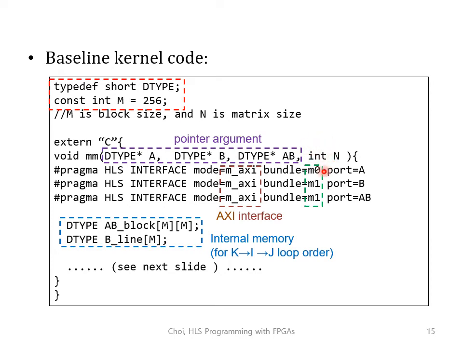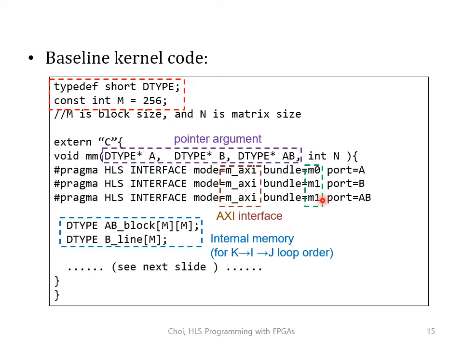We're going to assign the AXI interface to these arguments. And for the bundle, let's assign a different bundle for A and B because they are going to be accessed at the same time. It doesn't matter too much for AB because AB writes happen far fewer times compared to A and B reads. So I just assigned the same bundle as B.